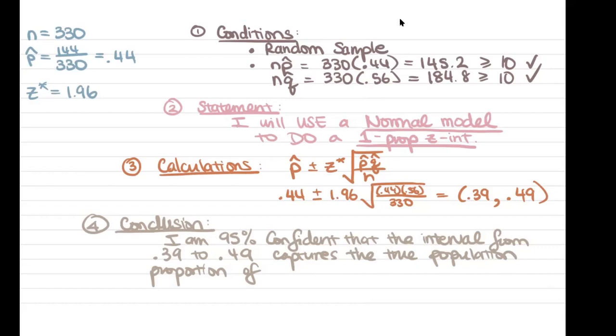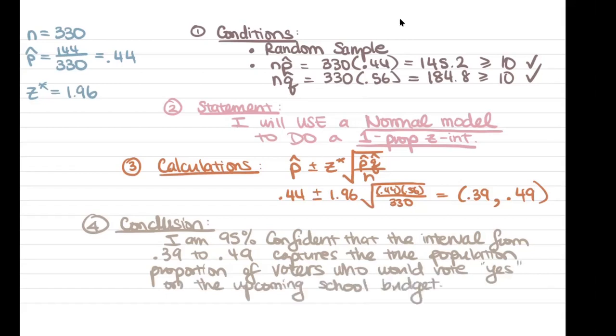So capture the true population proportion of voters who would vote yes on the upcoming school budget. All right. And there it is. Awesome job, guys. Okay, let me see if there's any questions now that you see two examples of it.